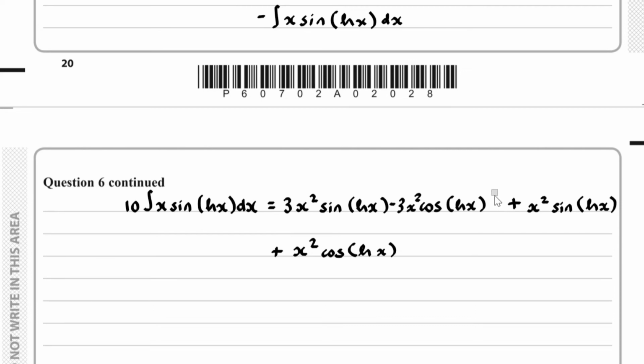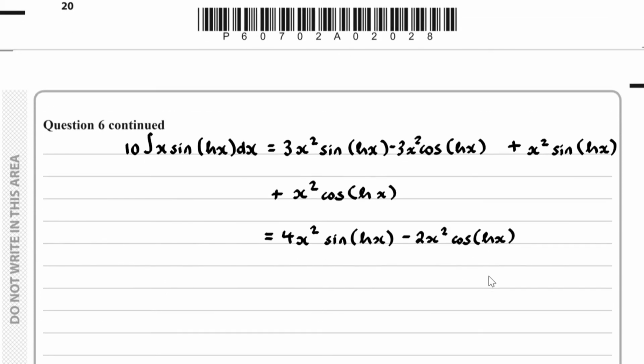So, working out what this is, I've got 3x squared plus another x squared, so that's going to be 4x squared times the sine of natural log x, and then I've got minus 3x squared plus another x squared of the cosines, so that's minus 2x squared times the cosine of natural log of x.